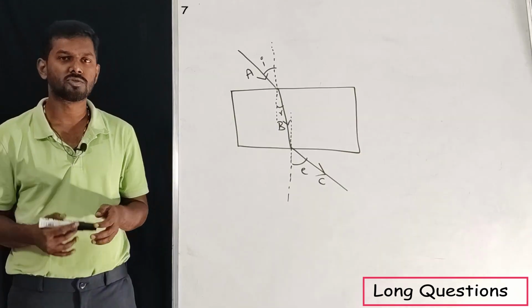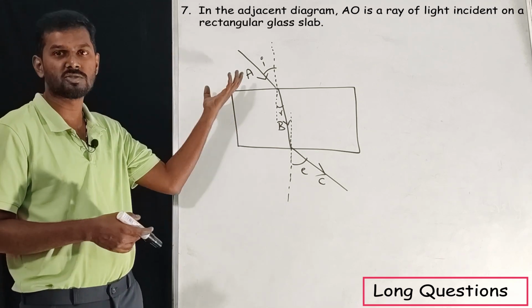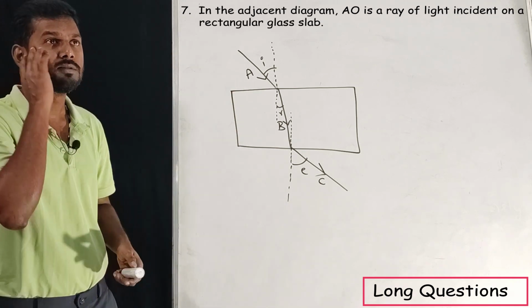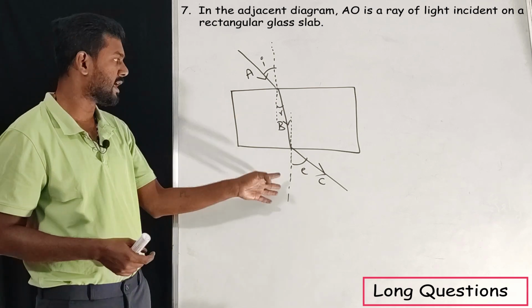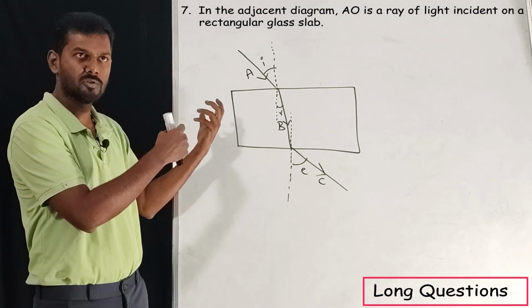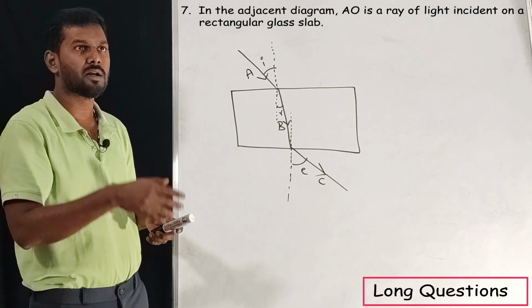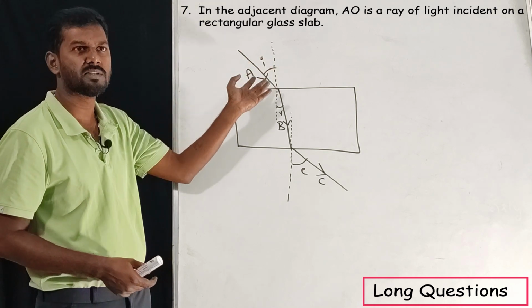That's it. Our next question, see, for this question I have completed the diagram because this is based on the previous question, that's why I have completed it. See, complete the path of ray till it emerges out of the glass slab. This one we have done in the previous question, that's why I have done it before the question only. In the ray diagram, mark the angle of incidence. This is angle I, and all this we know.